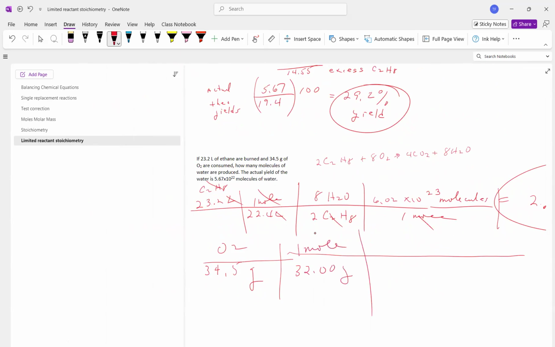So we convert to moles. Then we need to go from oxygen to water. The balanced equation: oxygen is 8, water is 8. We have the 8 over 8 again, which is 1.